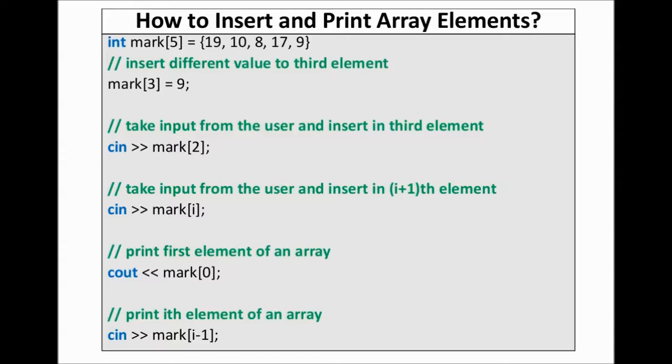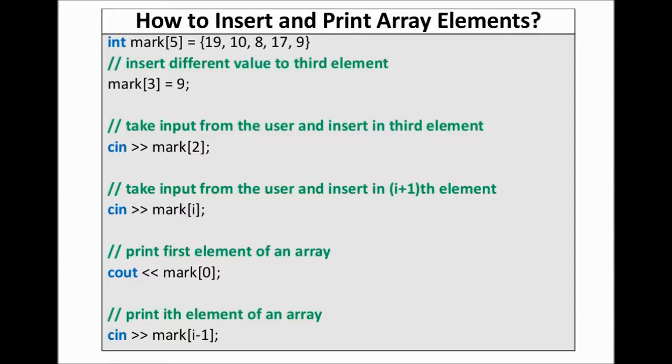However, the use of these objects with each individual element becomes very time consuming because each element is treated as a simple variable. In this example, we have an array with the name marks and data type integer, and the total size of this marks array is 5, and we initialize it with these values: 19, 10, 8, 17 and 9.